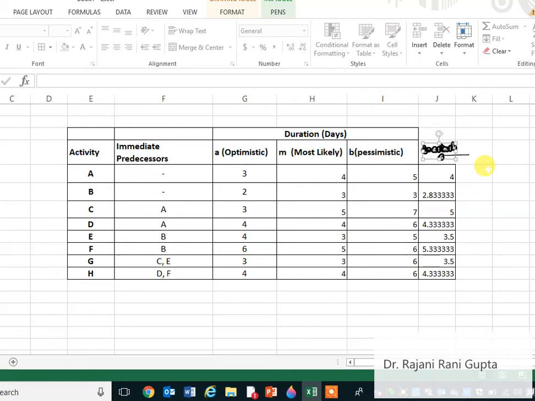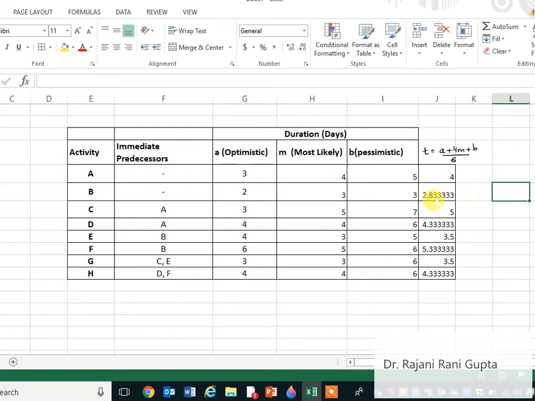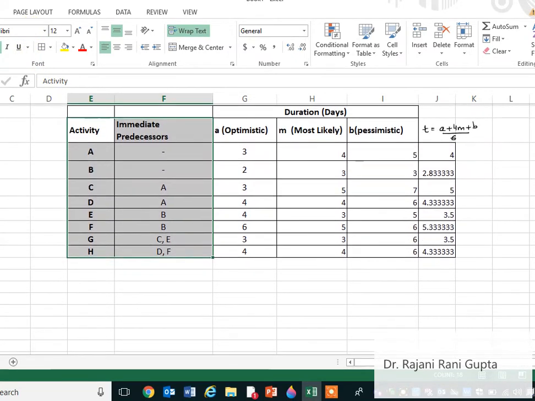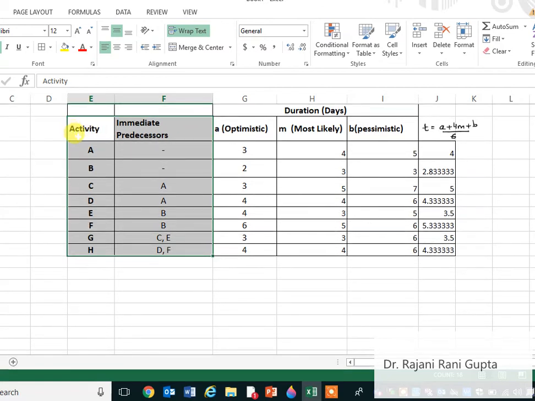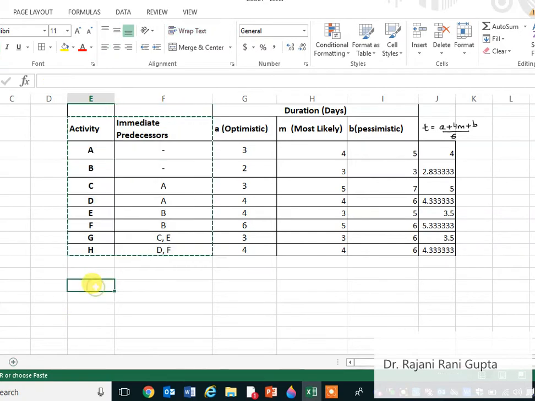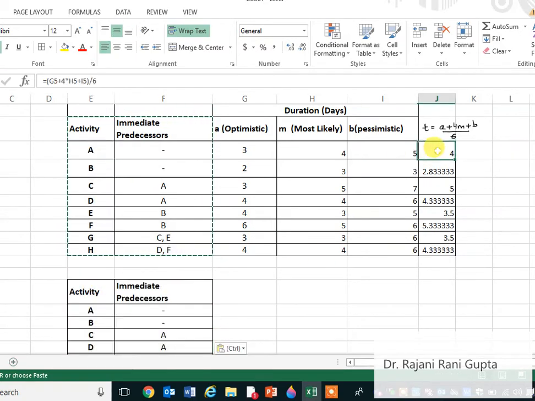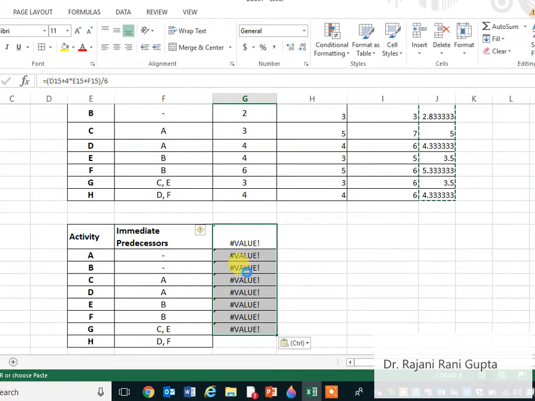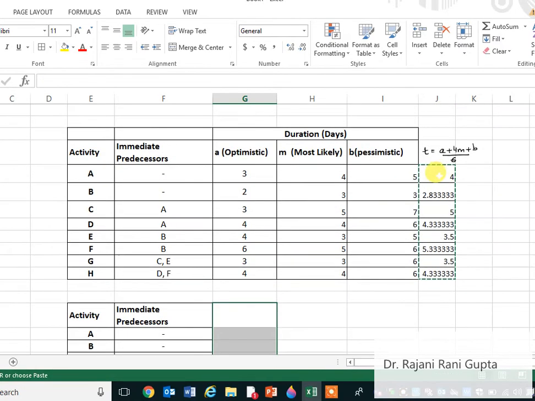Okay, so now we have this time duration T. Now when we work on the network diagram, we will have these activities. Let me put it here, and we select this time only, the last column. Wait a minute.